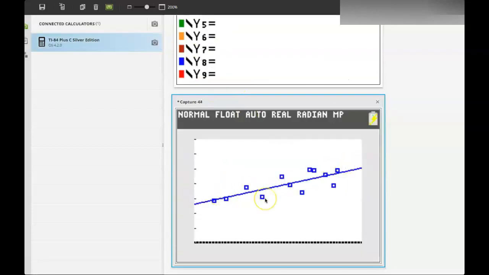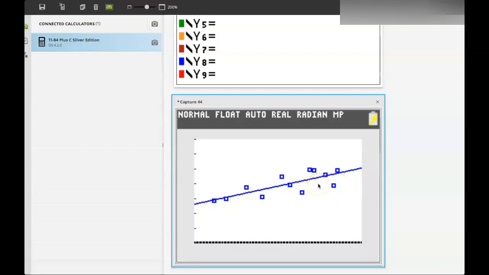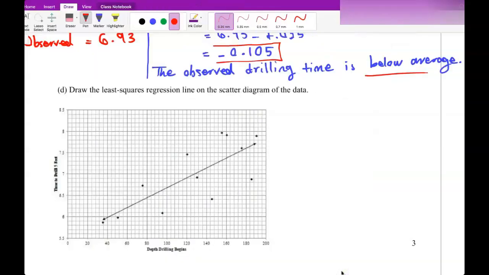So here is our line, a straight line, and we have all these points. Okay, so this is exactly what I got on the calculator.